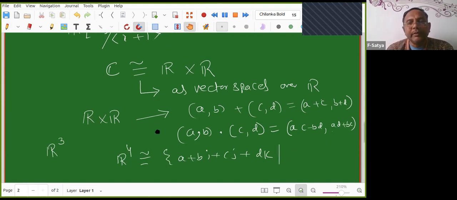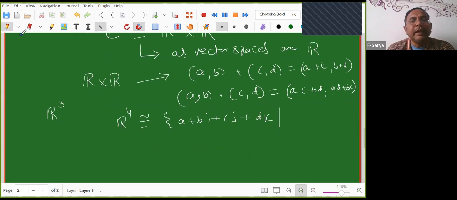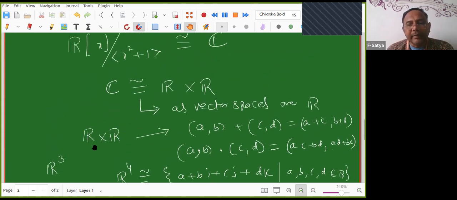It is the first nice example of a division ring, but not a field, since it is not commutative. So he was able to go up to a division ring, but up to a field, R2 is the only one. I can bring some structure on R2 so that it becomes a field, right?